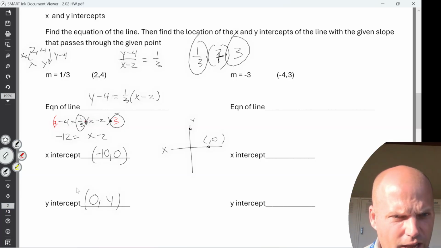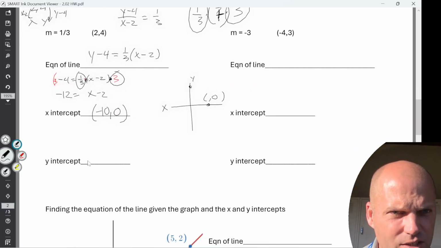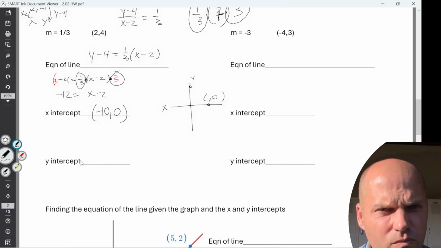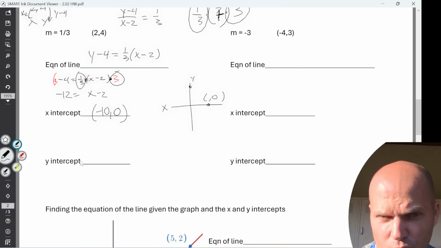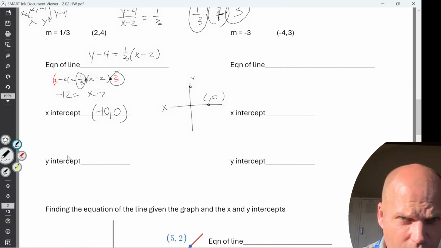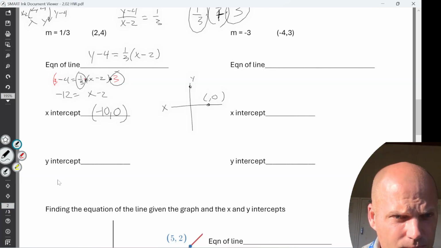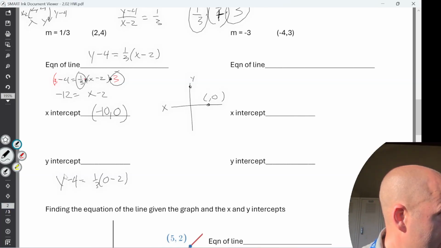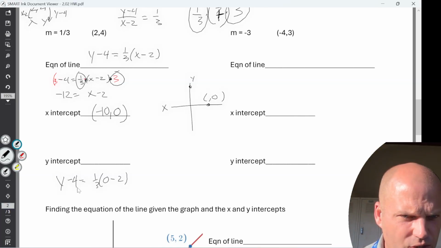And for the y-intercept, that is when x is 0, I'll have y minus 4 equals 1/3 times 0 minus 2. I do have to work with fractions. I mean, I could actually not have to. I could get rid of this 1/3 again and multiply everything by 3. However, this is not in parentheses.